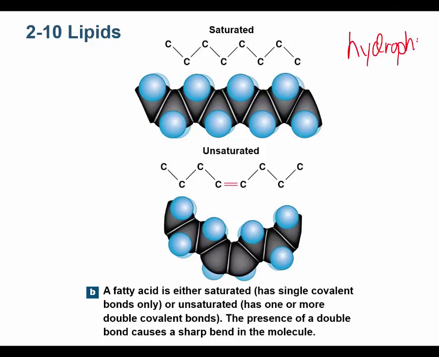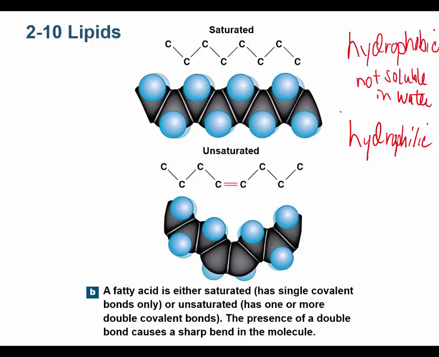The carbohydrates, proteins, and nucleic acids are hydrophilic. Hydrophobic means water-fearing, so lipids are not soluble in water. Whereas my other three biological macromolecules are soluble in water, but not lipids.